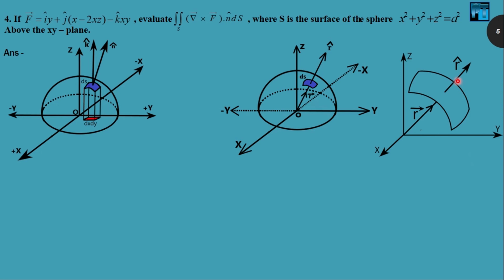But this r cap is along the general direction vector, the general spherical direction vector. This is not only the radius of the sphere, this is the general position vector r in spherical polar coordinates. What are the coordinates? x equals r sin theta cos phi, y equals r sin theta sin phi, z equals r cos theta.